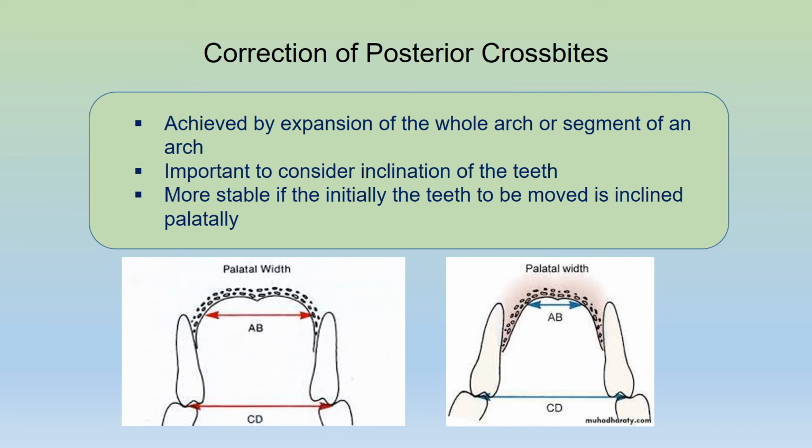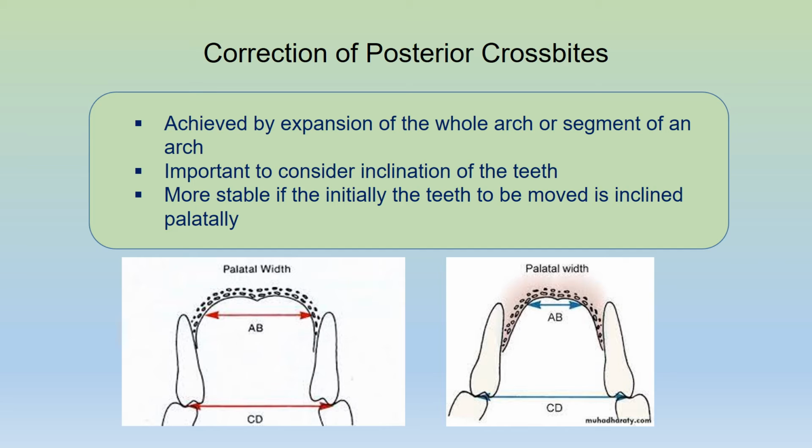Now, correction of posterior crossbites. This can be achieved by the expansion of the whole arch or segment of an arch. It's important to consider the inclination of the teeth. The correction will be more stable if initially the tooth to be moved is inclined palatally. If you compare these two diagrams, it's easier to correct or expand the arch in this situation because the teeth are inclined lingually.